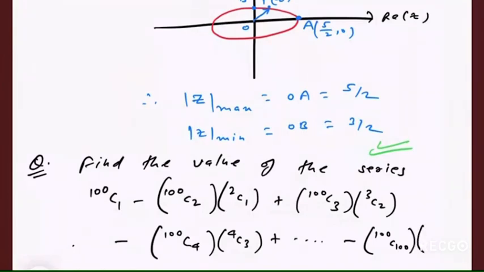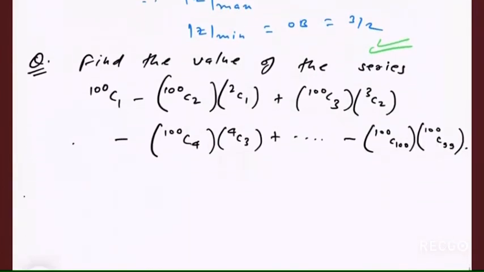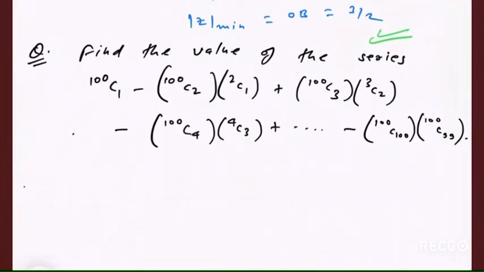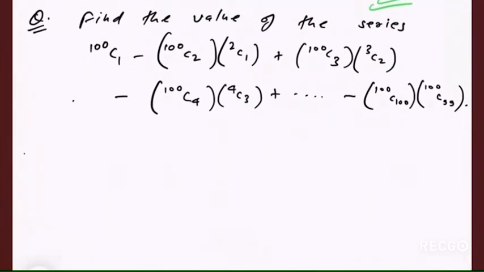You can see that if we expand (x + y) to the power 100, or you can say (1 + x) to the power 100, then the coefficient 100C1 is nothing but the coefficient of x to the power 99, and 100C2 is the coefficient of x to the power 98.